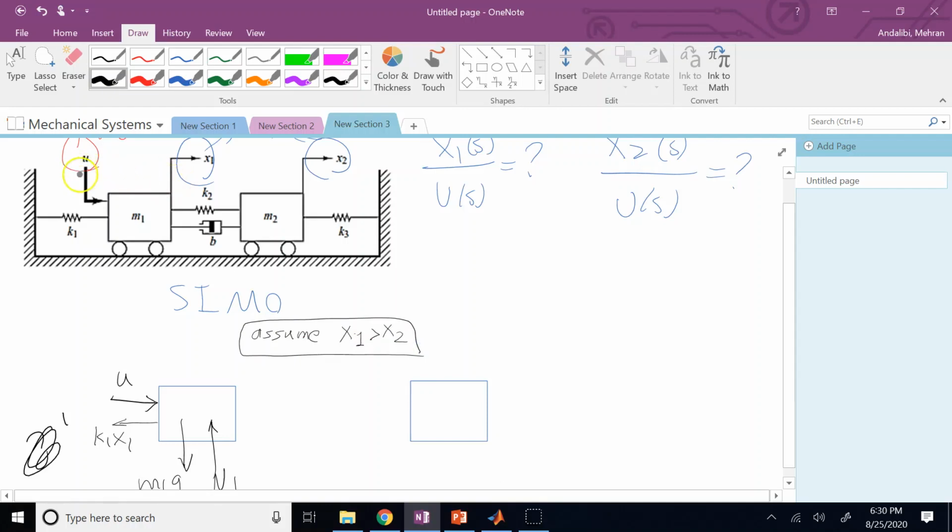Why? Because x1 is subjected to the external force first, then x2 through the spring and damper. So we assume that x1 is moving more than x2. And that also means that if we take a time derivative, x1 dot is bigger than x2 dot also. So we assume both of these.